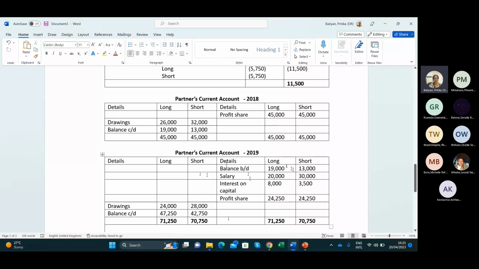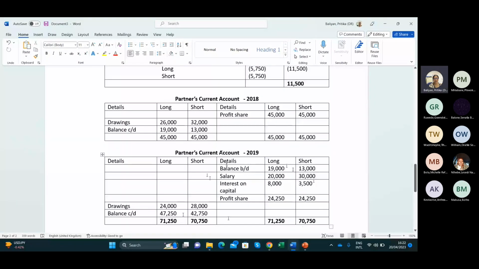So start with the opening balance. Then in 2019, they also were paid salary, interest on capital, and the profit and loss share. So the total for Long is 71,250, and for Short it's 70,750. Then we subtract the drawings. After subtracting the drawings, the rest of the amount is the balance.